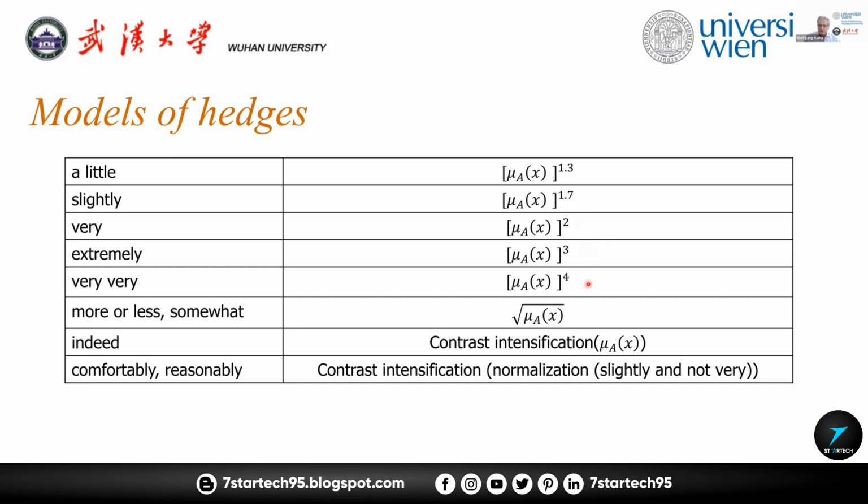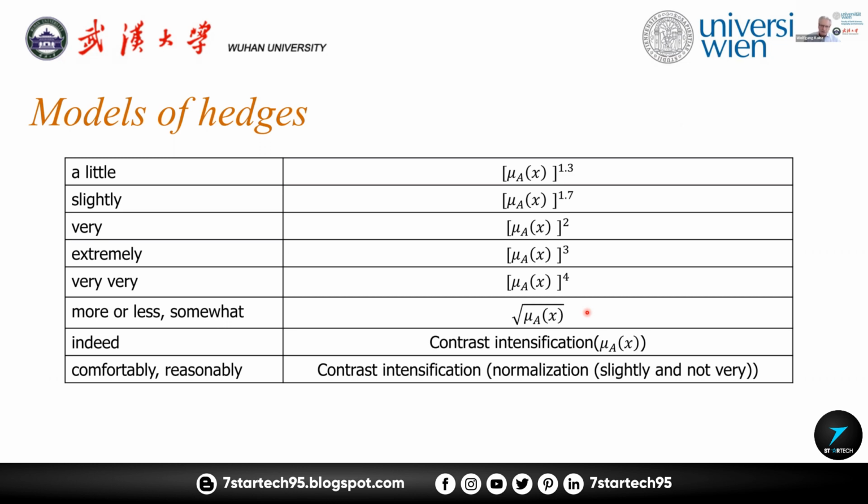And of course, very, very would be very squared, which is basically the same as the membership value to the power of 4. If we want to express something like more or less or somewhat, we use the square root, meaning we use the dilation operator.